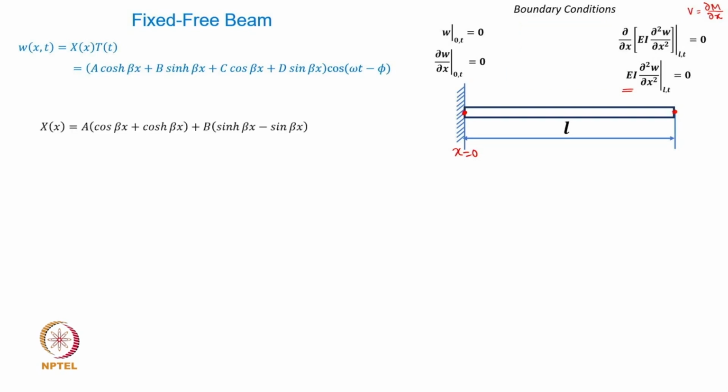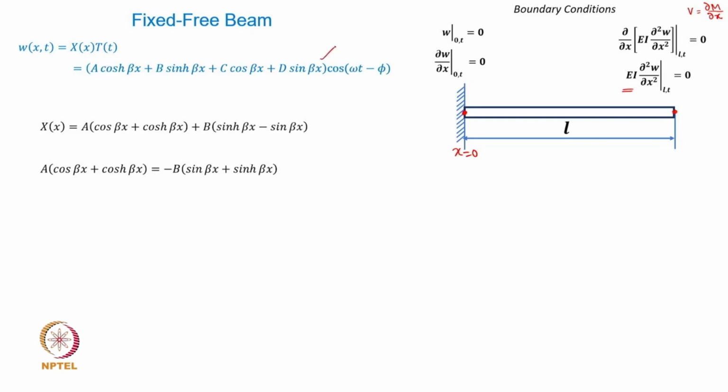When you implement these boundary conditions, this is what you will get. The constants may have been flipped here and there, but you can treat these as the general solution.